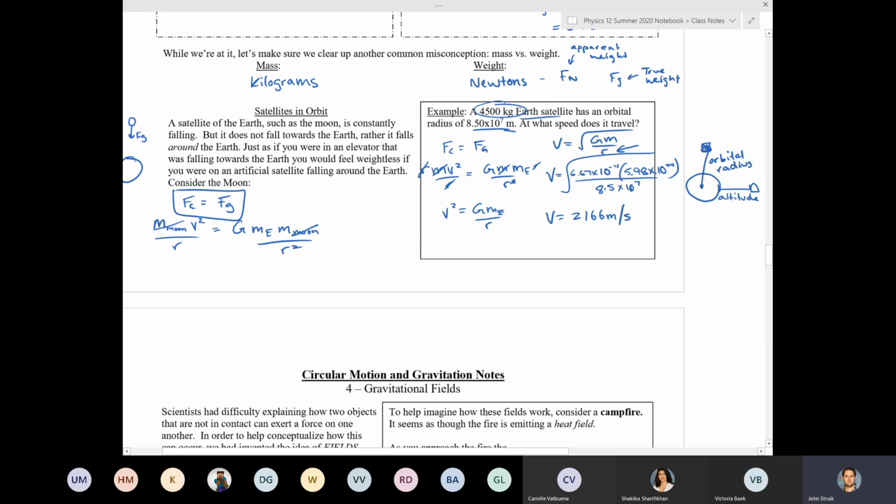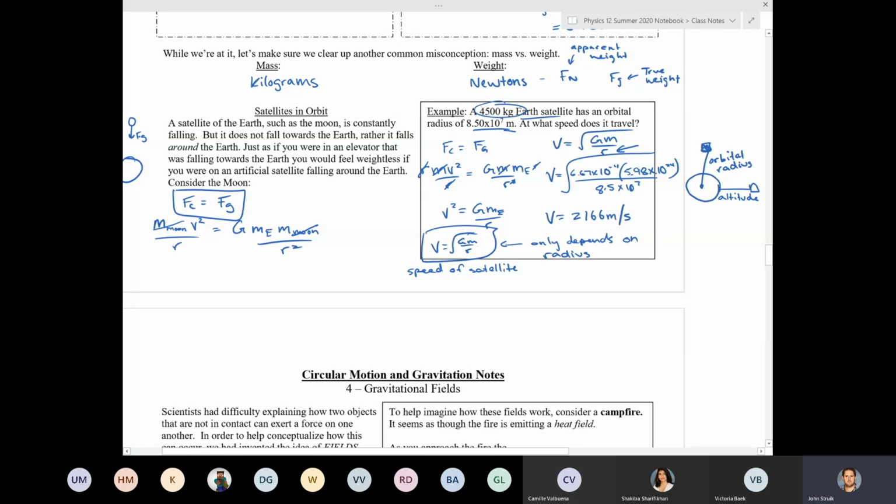So this formula we have here, v equals square root of G M over r, is used to find the speed of a satellite. And it only depends on radius.